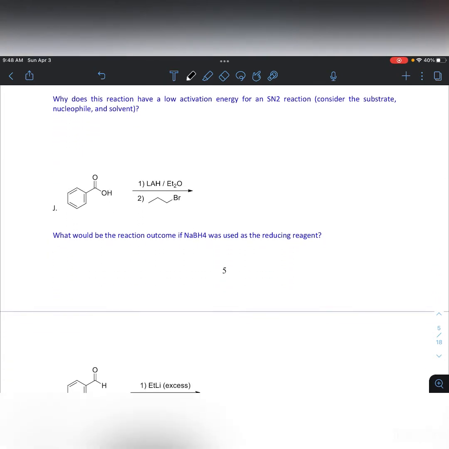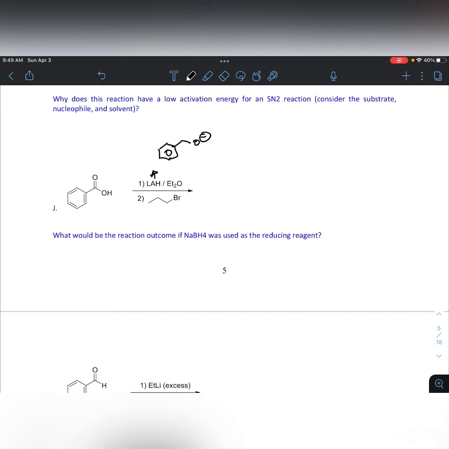So you're taking this and treating it with LAH. LAH is lithium aluminum hydride. It's a strong base, so what will most likely happen? It's a strong base, but it's also a strong reductant, excuse me. It's just going to reduce the carboxylic acid to this intermediate.